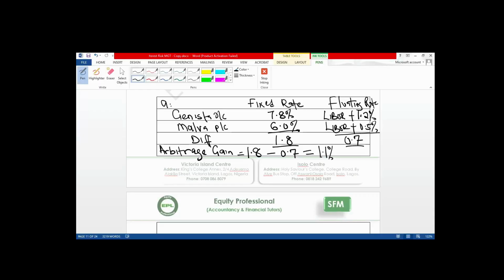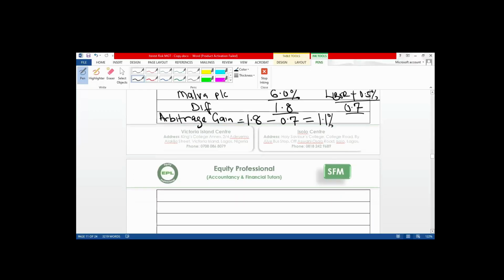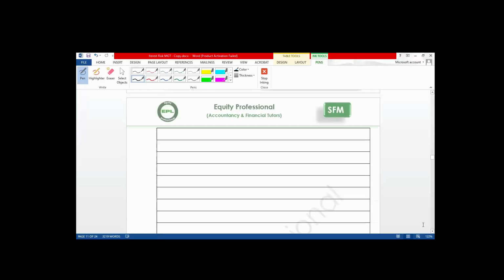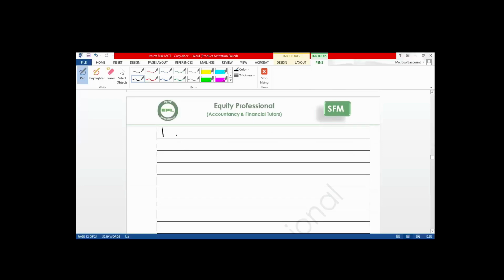First, from the arbitrage gain of 1.1%, we are going to pay bank fee.